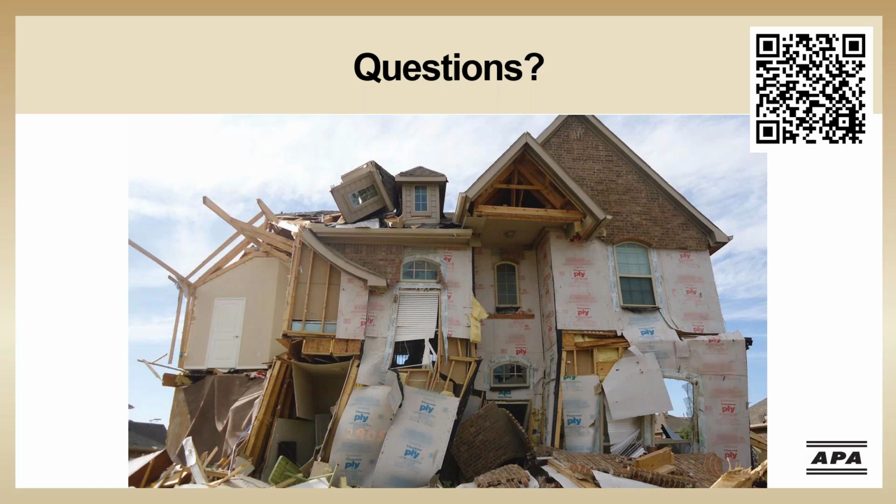A little bit off topic from the structural aspect, this next question says, if shingles blow off the roof, but the roof sheathing remains and gets wet, can the shingles just be reinstalled, or does the sheathing need to be replaced? Now, that's actually a common question we get quite a bit.